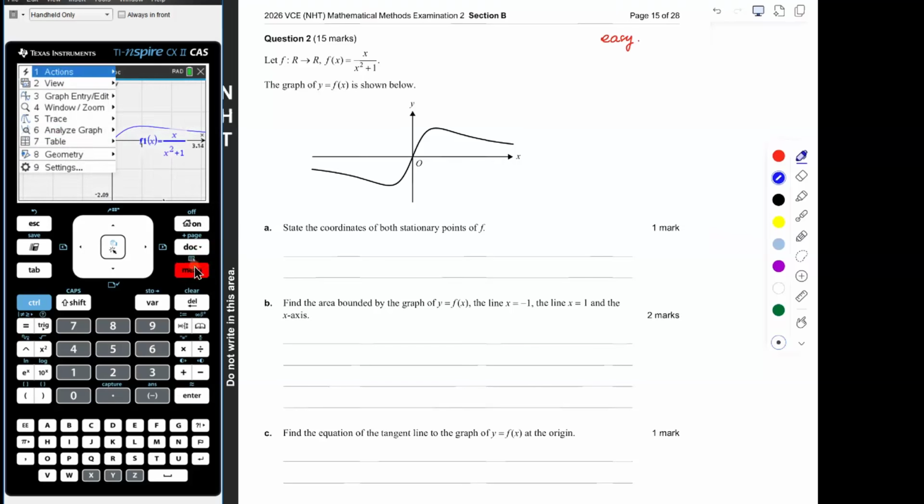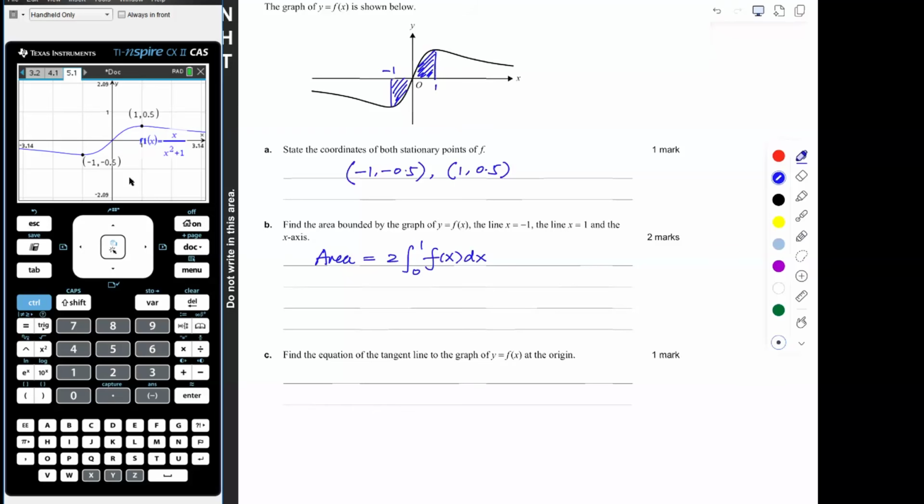And the area, from -1 to 1, is two lots of the integral from 0 to 1 of f(x) dx. I can easily compute the area, the integral from 0 to 1 times 2, so you get log e of 2.